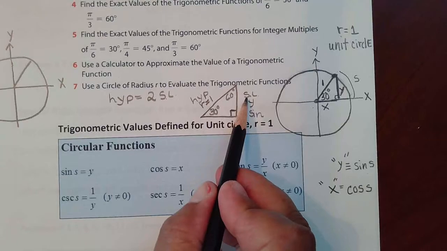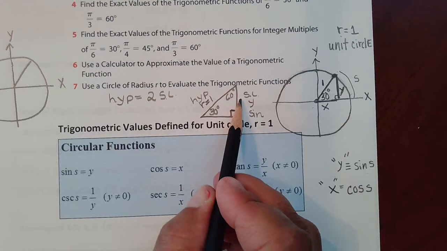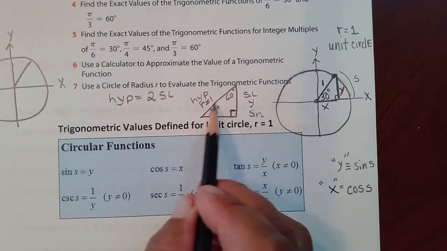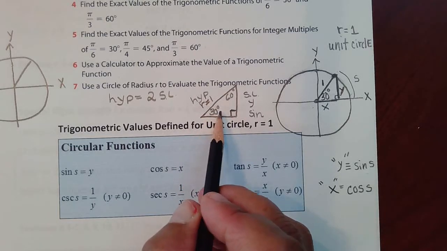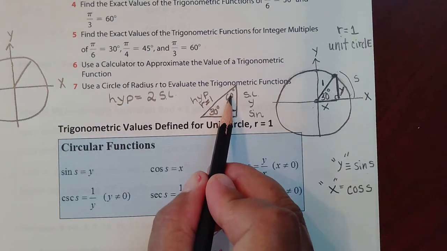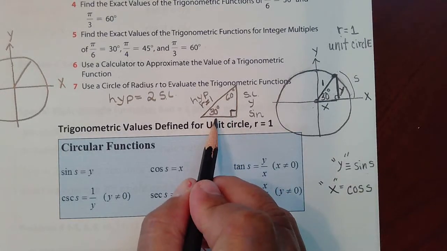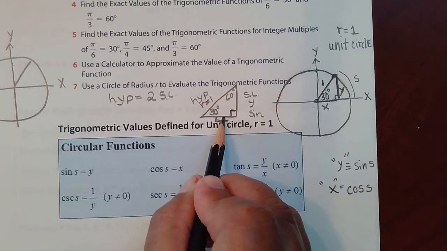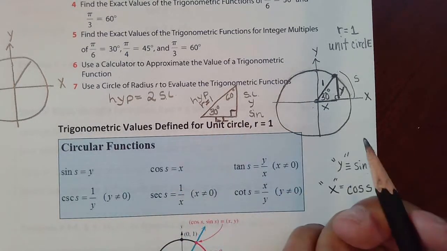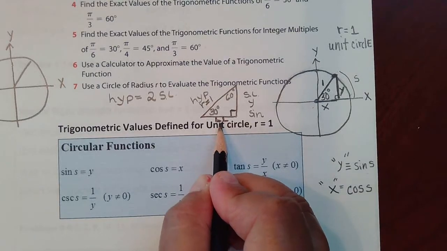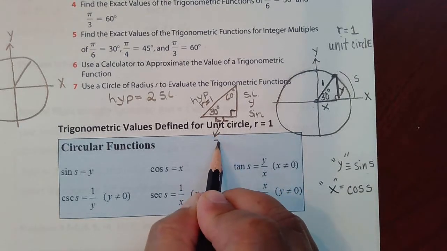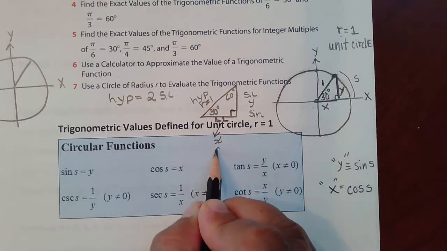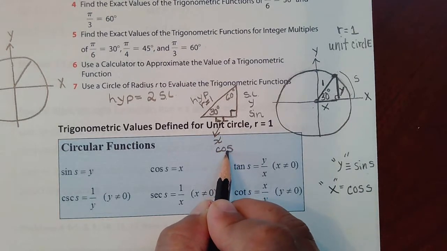The reason it's the short leg is because this leg right here is across from the absolute smallest angle inside this triangle. Across from the 60-degree angle is what we call the long leg. Put an LL there for long leg and write it out somewhere if you want to. This long leg, also known as the x, also known as the cosine value.